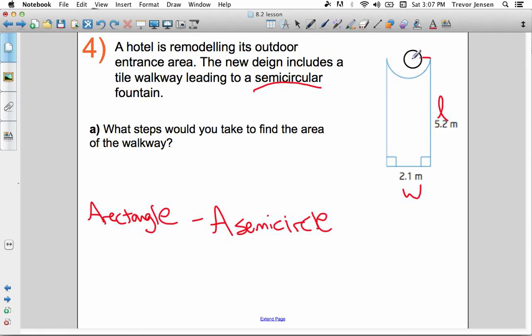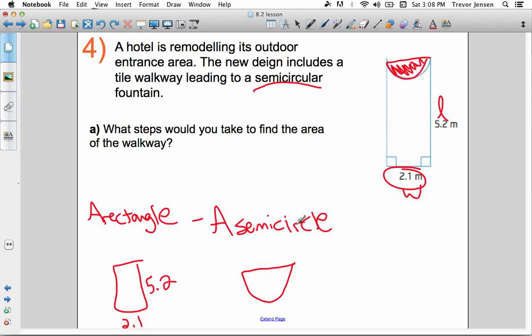So now I need to subtract the area of the semicircle that has been cut out from it. So I had the area of my rectangle, which was 2.1 by 5.2. Now I need to subtract the area of the semicircle. The diameter of the semicircle is 2.1. I'm going to need the radius eventually when I actually calculate the area, but I'll do that on the other page.